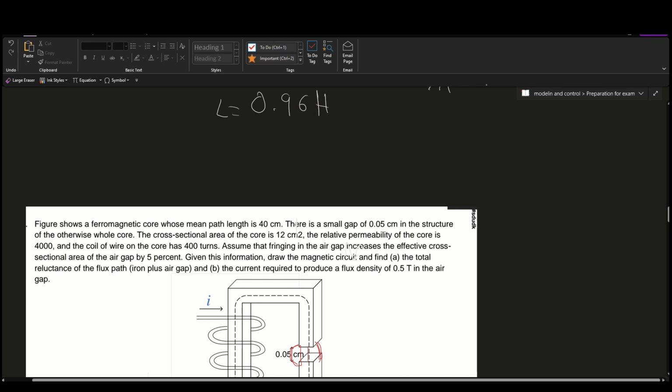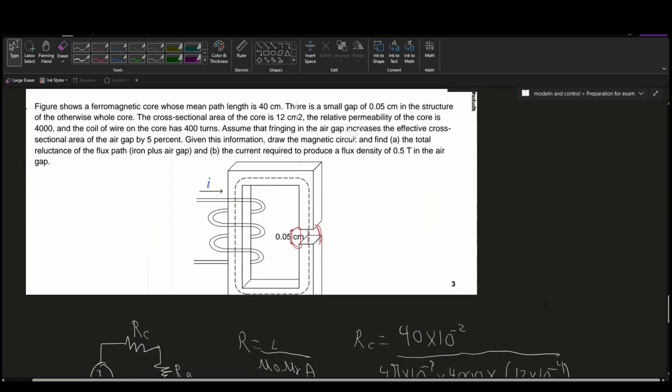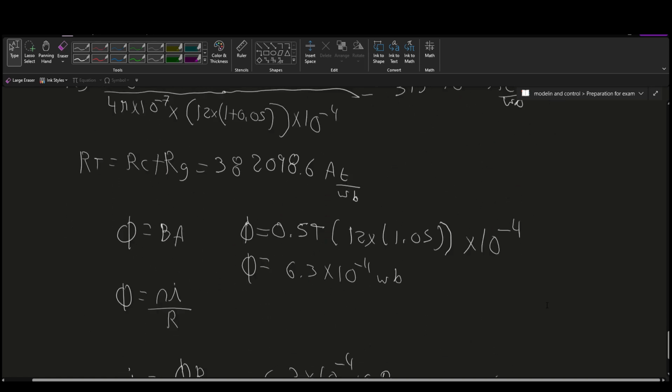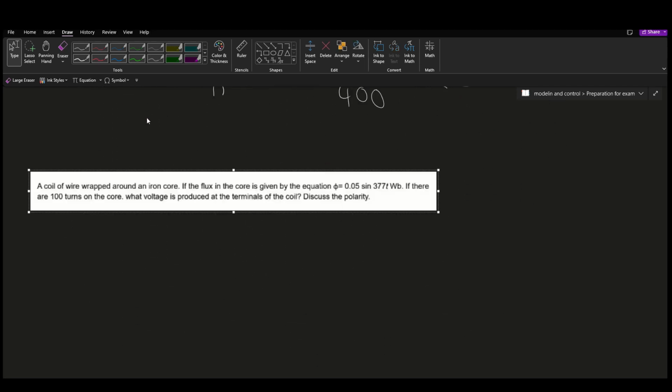Okay, and that's how we can calculate the total reluctance, and when we have an air gap, how we can get the flux in the air gap and the current. Now for the last exercise, we're going to talk about the electromotive force. This comes still from Faraday's law.